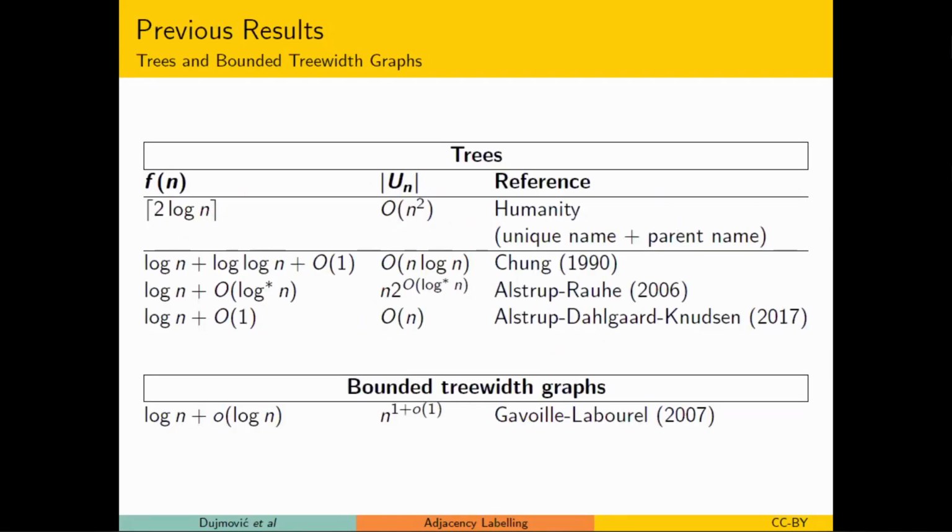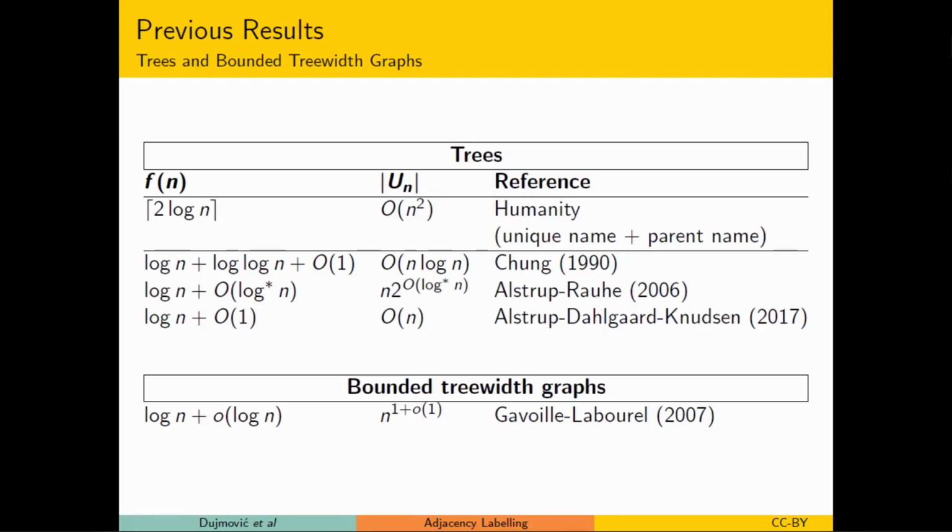Okay, so I promised, I think, in my abstract that I would give a summary of previous work. So here it goes. In modern times, but actually before modern times, people studied this for trees.